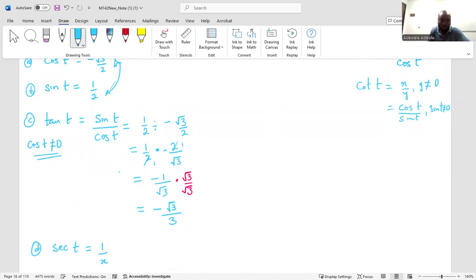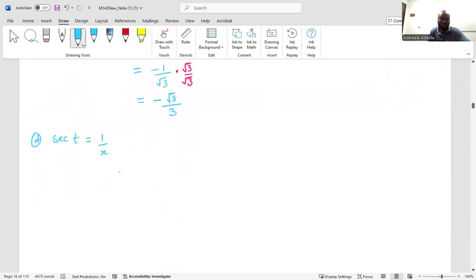You must always write that, because we cannot divide by 0. Here we know that x cannot be 0. It is important for us to write that. So it is 1 over cosine of t, where cosine of t is not 0.